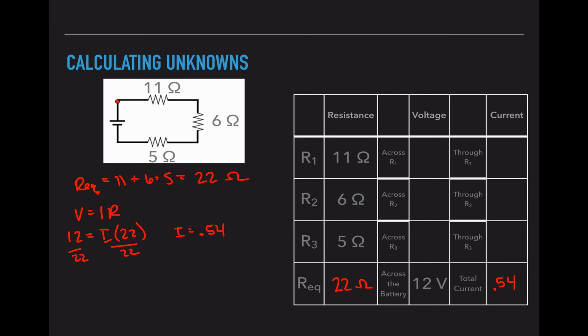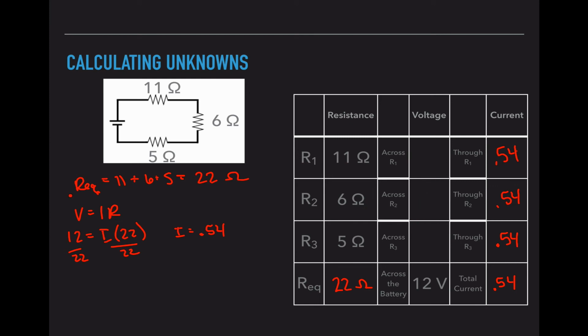Now again, since there is only one path of travel, every single electron has to travel through the same steps. My current has to be the same at every location. But those electrons will drop off different amounts of energy at each location.